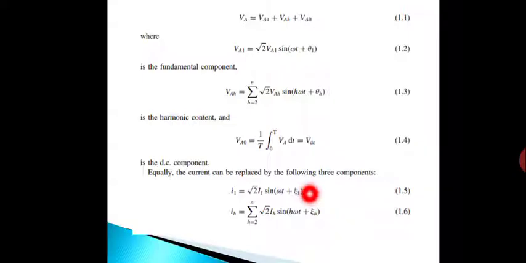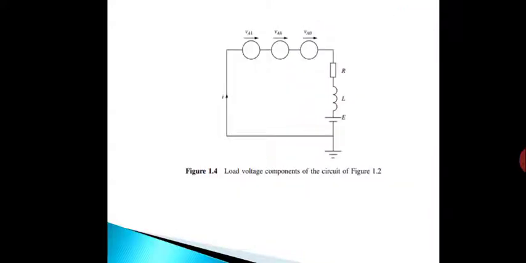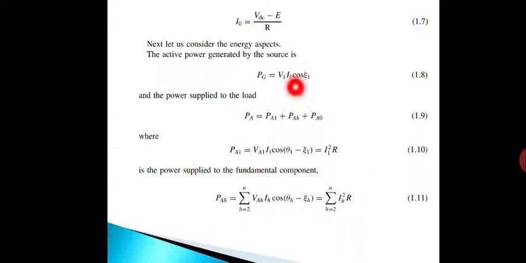Just as sin of omega t plus 90 is equal to cos theta, sin of omega t plus zeta 1 gives cos zeta 1. So V1 I1 cos zeta 1 is the fundamental in case of power.